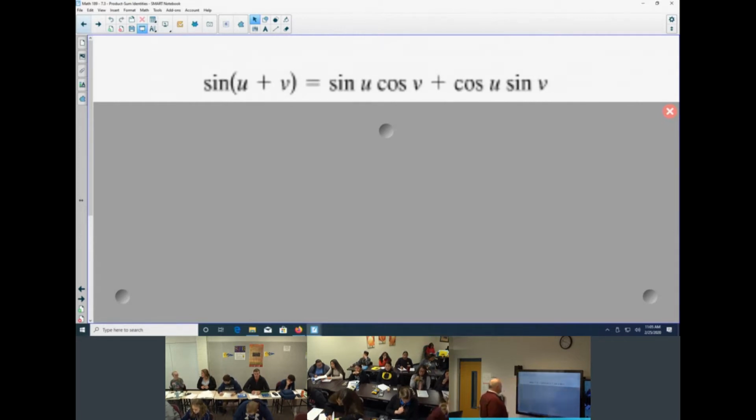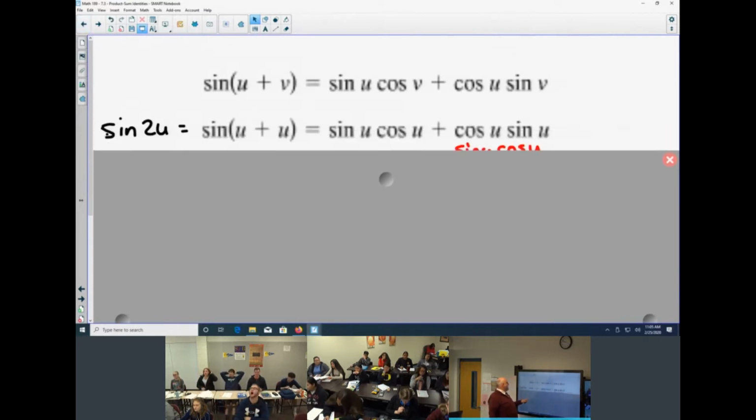All right, so you remember yesterday we had this formula, the sine of u plus v, and we used this formula, okay? Now, suppose that we had the sine of 2u. Well, that's the same as the sine of u plus u. And so we go back and use the formula from yesterday, and we plug in u for v as well.